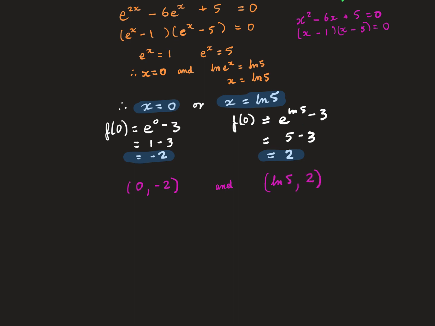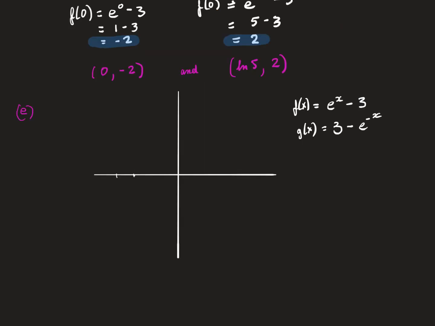And now we just need to sketch the graph. We know that one intersection is going to be at (0, minus 2), which will be here. But to give me a clue where the second intersection is, I want to know what ln 5 in reality means. ln 5 is approximately 1.6, so we are looking at (1.6, 2).